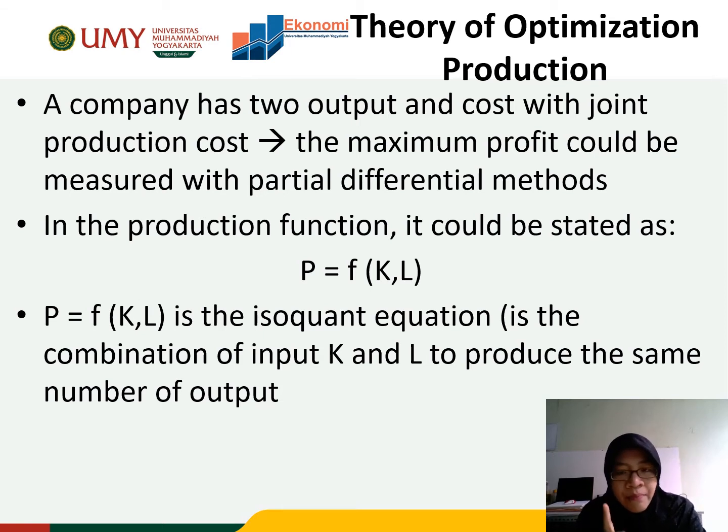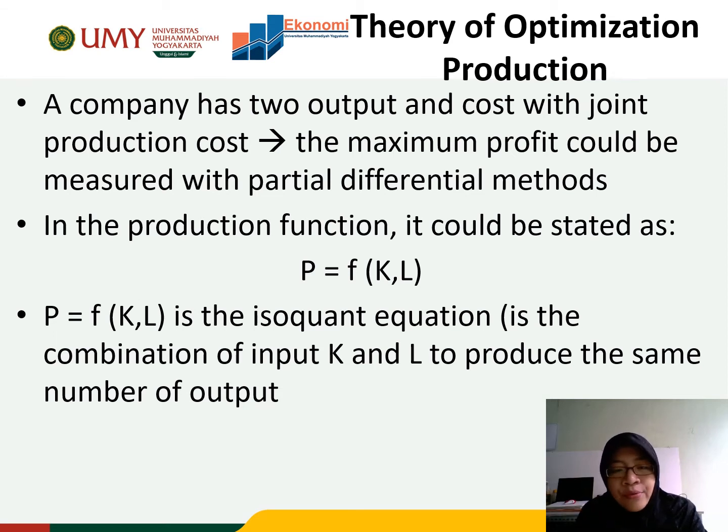As you still remember the Lagrange method, the Lagrange method is very common for you as the consumer, measuring the optimization of consumption, the satisfaction, and the second is the producer, the optimization of production. You also use the Lagrange.